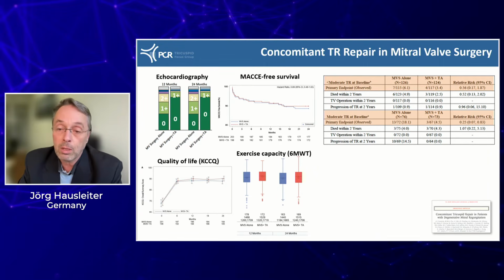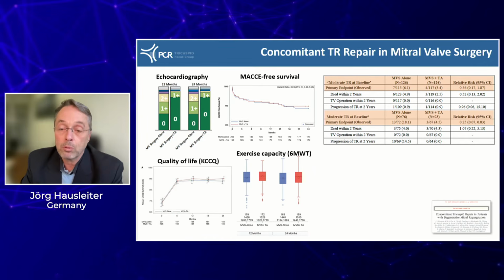However, if a subgroup is considered with those with mild TR only, this is the upper half of the table, then there was no impact on the primary endpoint, which was a composite of mortality, repeat operation within 2 years, and the progression of TR.